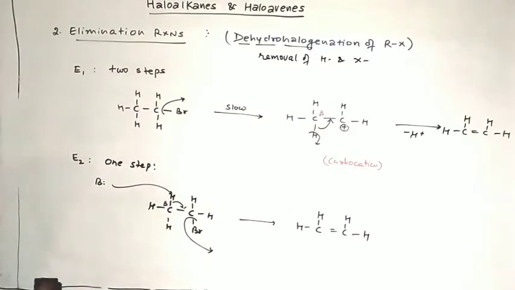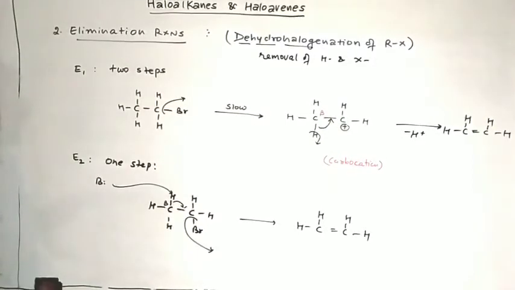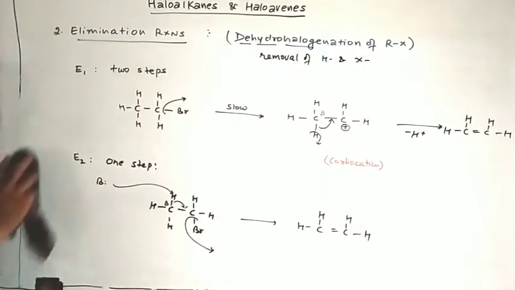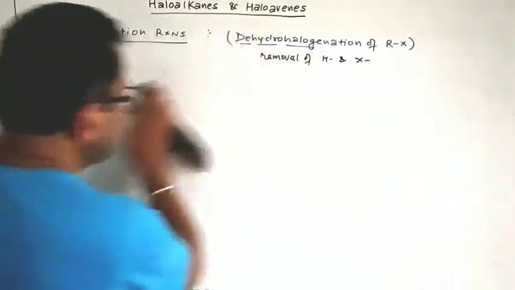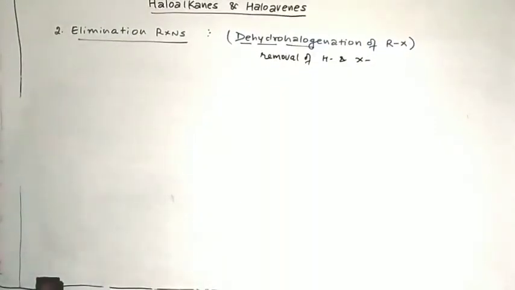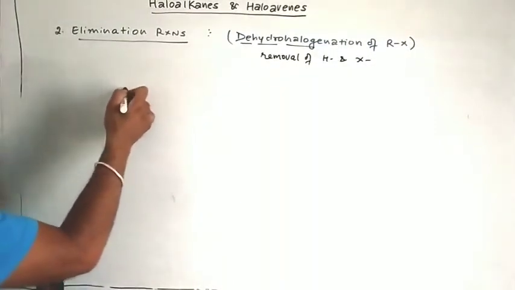And again we know that in E1 the carbocation is formed. So when the carbocation is formed, then you can say that rearrangement is again possible. Okay. So rearrangement is also possible. For example, if I write, keep in mind which alkene is formed as a major product.